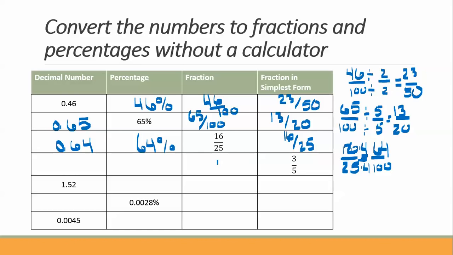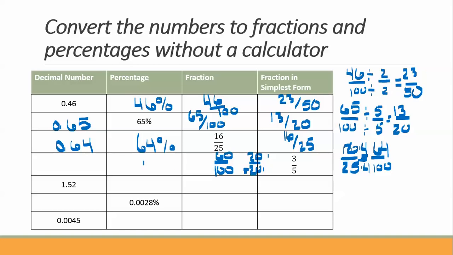3/5, we want to have another fraction, an equivalent fraction. Since we're finding percentages, let's try to find something over 100. 5 multiplied by 20 is equal to 100, so let's multiply by 20 over 20. 3 times 20 is 60.